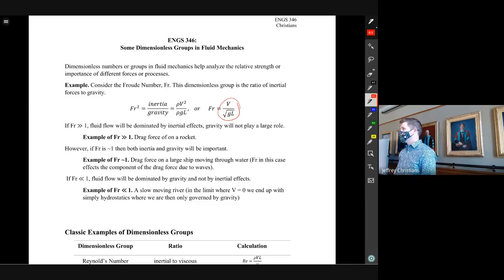So what that means is the drag on a boat depends both on inertia, how fast the fluid is moving, but it also has something to do with gravity. The waves of the water contribute to drag forces on a boat. So you can't neglect gravity for drag on a boat, but you can neglect gravity when thinking about drag on a rocket or an airplane, or even a car.